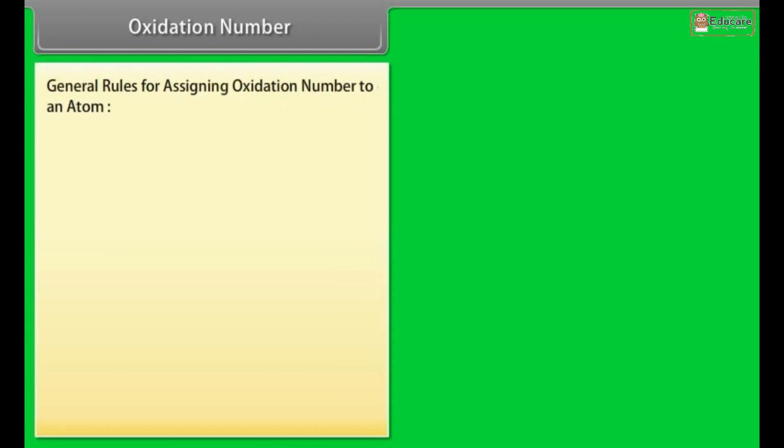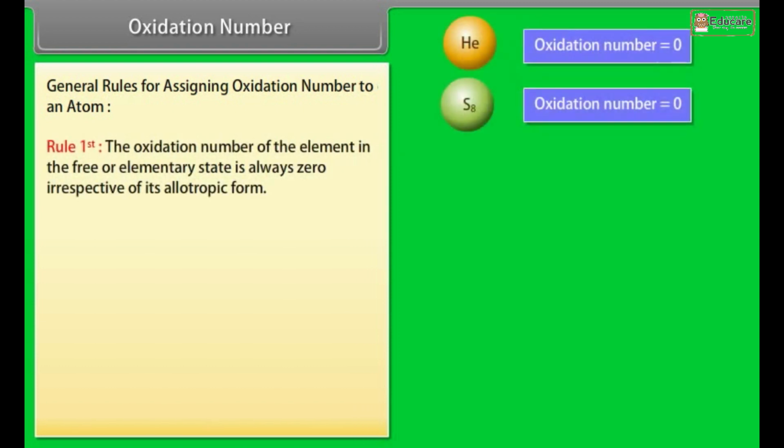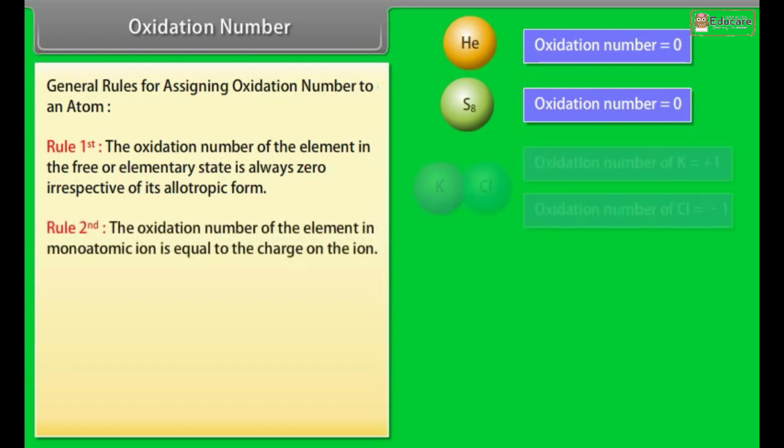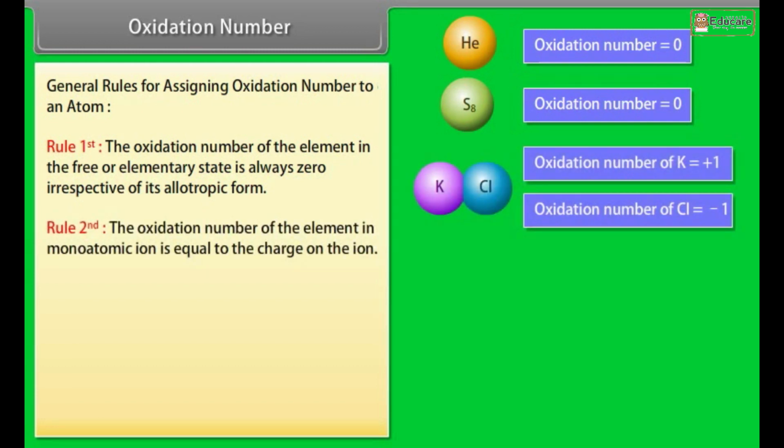General rules for assigning oxidation number to an atom. Rule first. The oxidation number of an element in the free or elementary state is always 0, irrespective of its allotropic form. Rule second. The oxidation number of an element in a monoatomic ion is equal to the charge on the ion. Rule third.